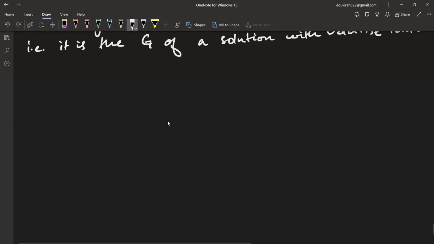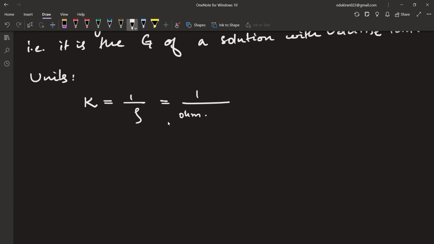Right, next. Units. So kappa will be equal to 1 upon rho. And rho has the units of what? Rho has the units of ohm centimeter. So kappa will have ohm inverse centimeter inverse.